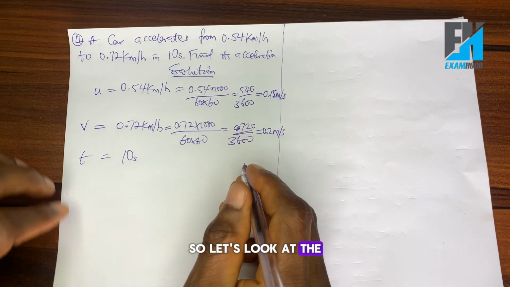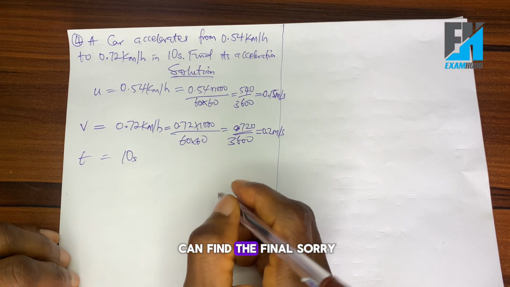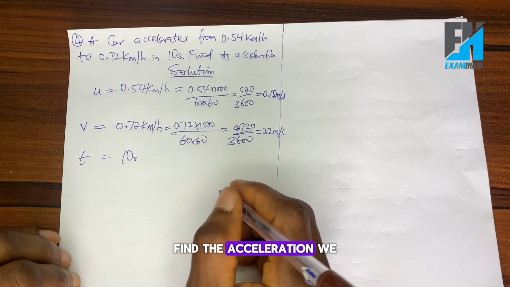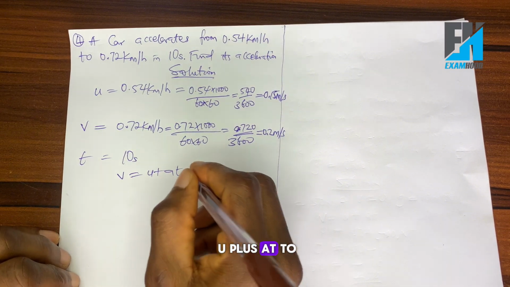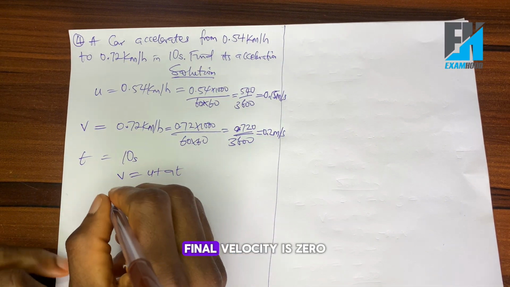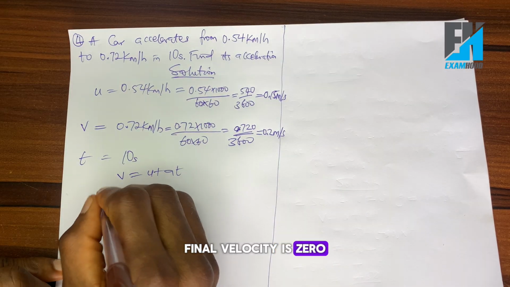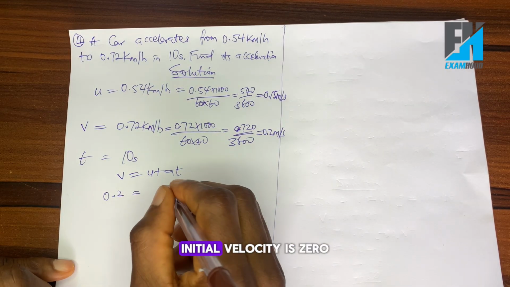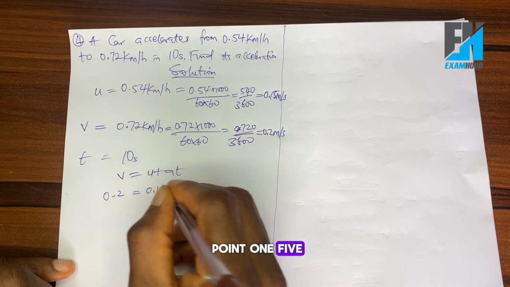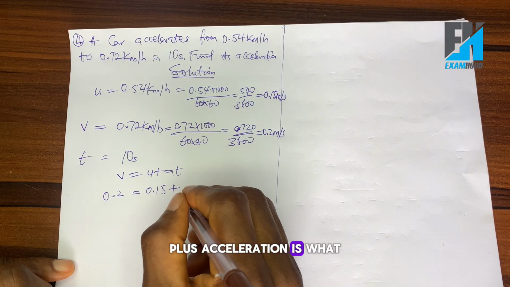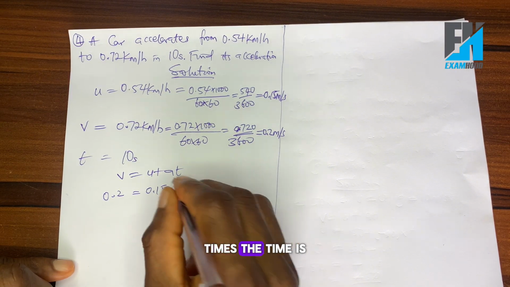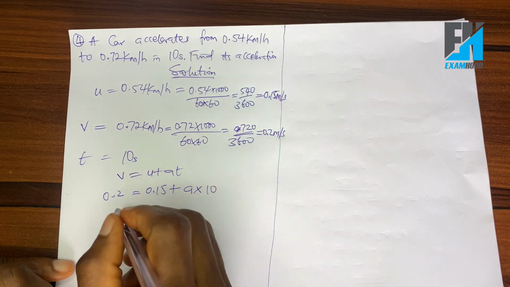So let's see how we can find the acceleration. We are using this equation, V is equal to U plus AT. Final velocity is 0.2 is equal to initial velocity 0.15 plus the acceleration, what we are looking for, times the time, 10 seconds.